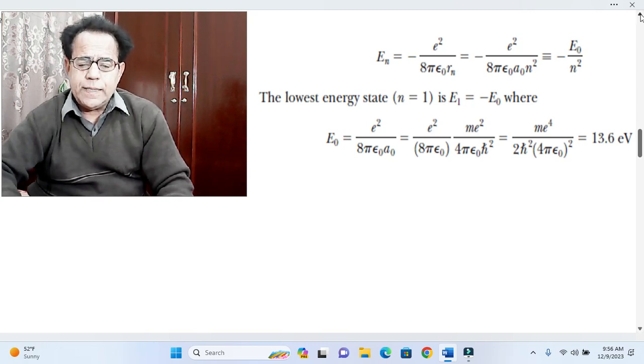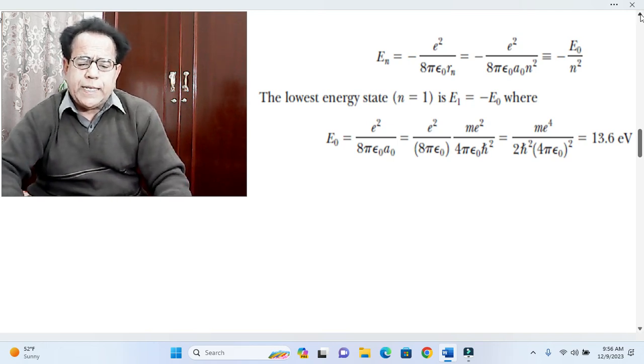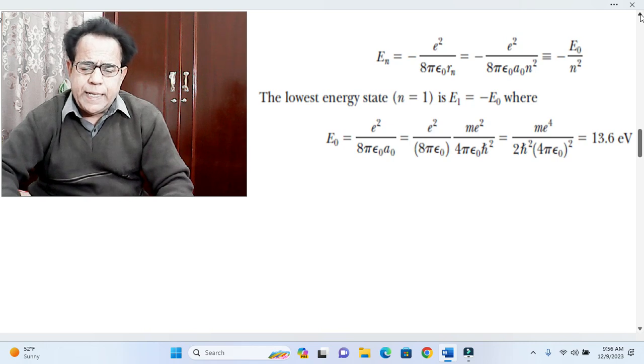The lowest energy state n equal to 1 is E1. So when we put n equal to 1, then E1 will become equal to minus E naught, because 1 square is 1, where E naught is equal to e square over 8 pi epsilon naught a naught.